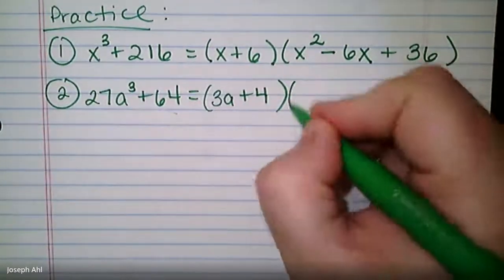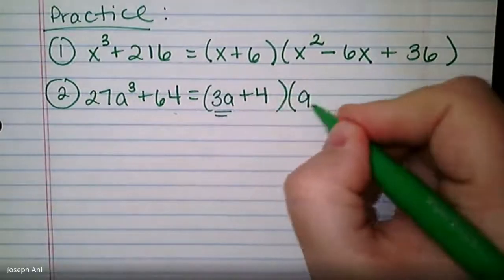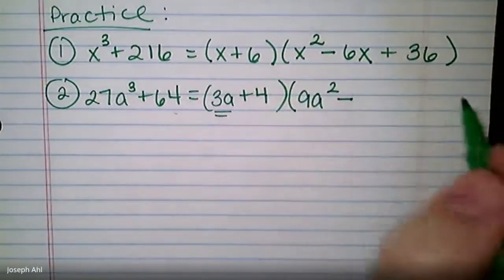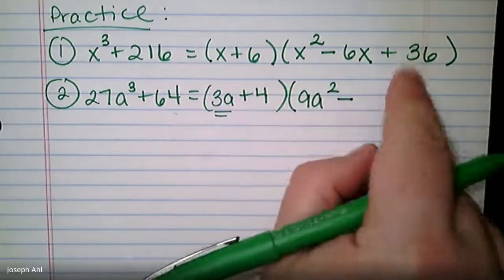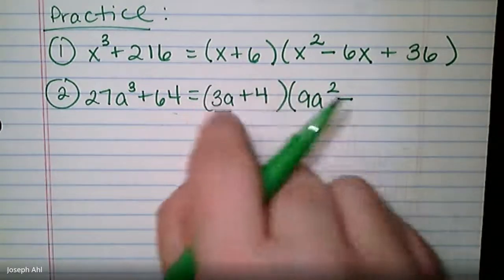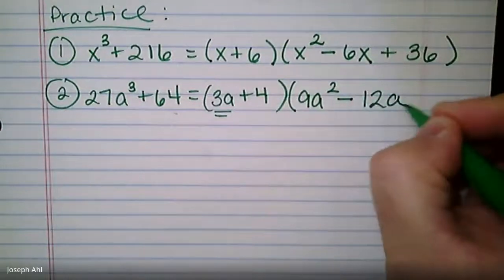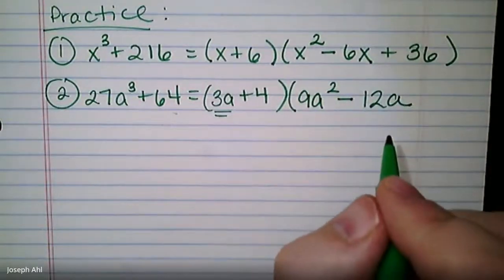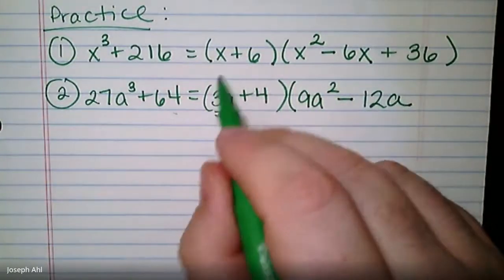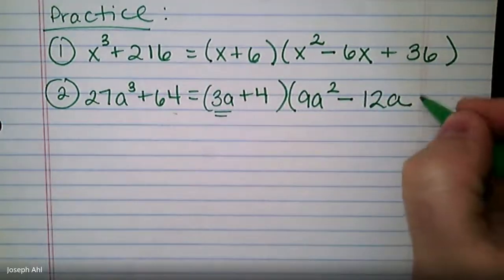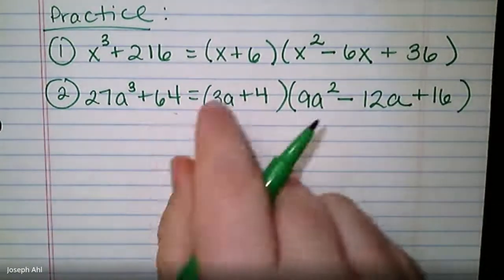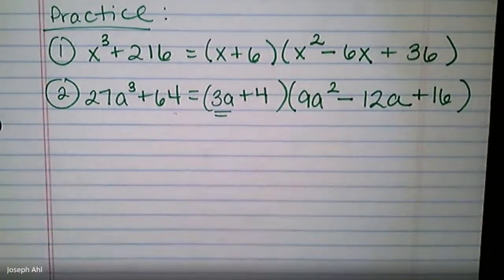Then from there we have the trinomial, so square the first term to get 9a squared. Minus, and careful in the middle, 3a times 4. Don't leave 3a times 4 in the middle; actually multiply those together to get 12a. And then at the end, plus 16, 4 squared, and we're good to go.